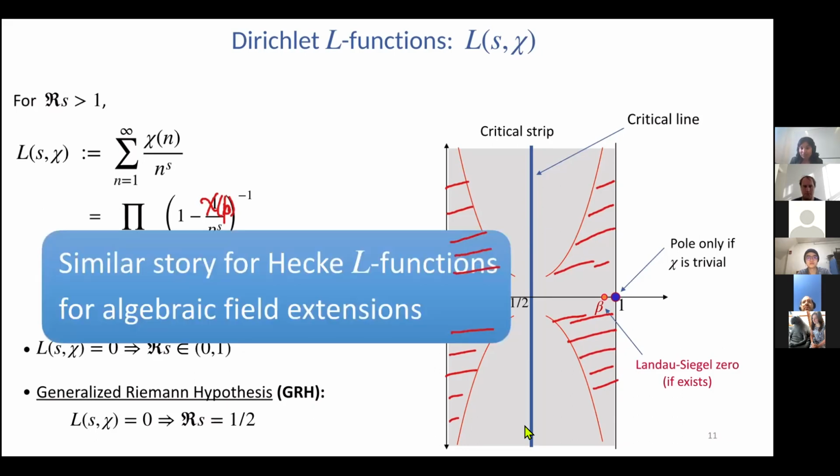And because I mentioned in the title also, we have the Chebotarev primes. For the Chebotarev primes, we will be using Hecke L-functions, and a similar zero-free region is true for those L-functions also. They also have this critical strip and so on.